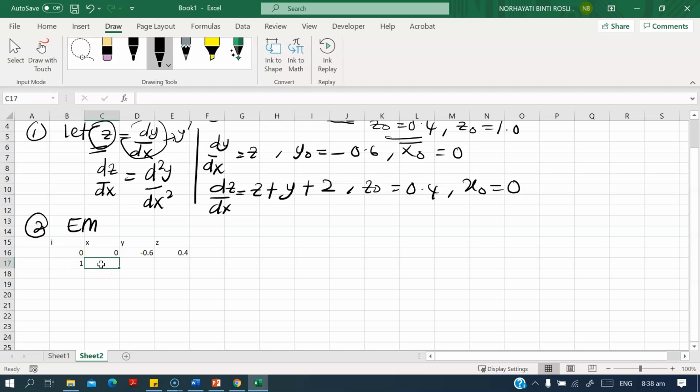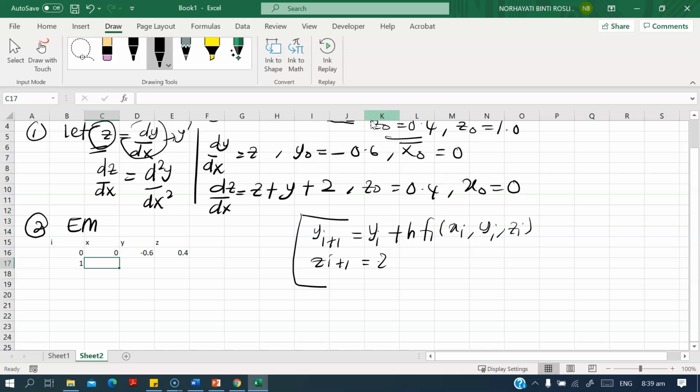When i equal to 1, for our x1, remember the formula of the Euler method is given by, okay, the formula I write here: y(i+1) equal to yi plus h times function number 1 of xi, yi, zi. And then z(i+1) equal to zi plus h times function number 2 of xi, yi, zi.